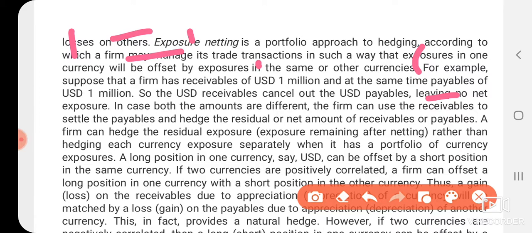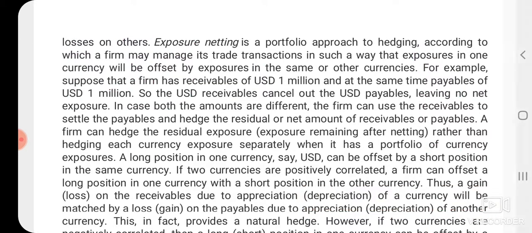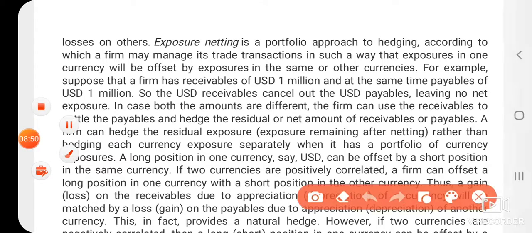No. There is no loss as well as no profit in such situations. So the firm has receivables of 1 million US dollars and, at the same time, payables of 1 million US dollars.